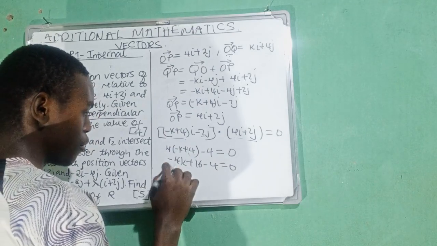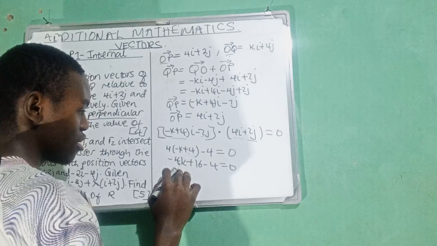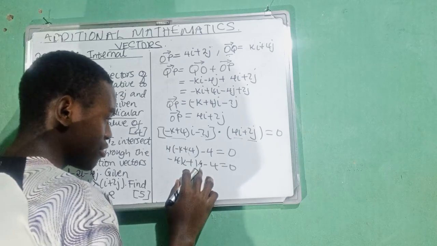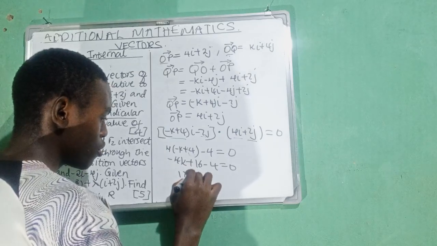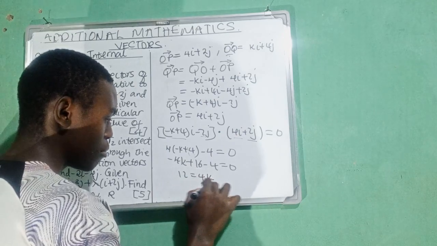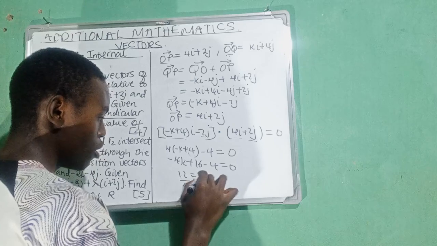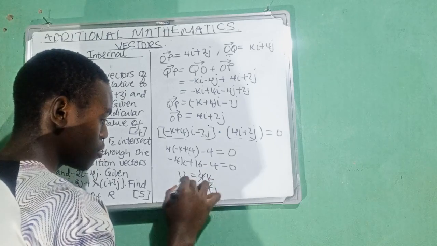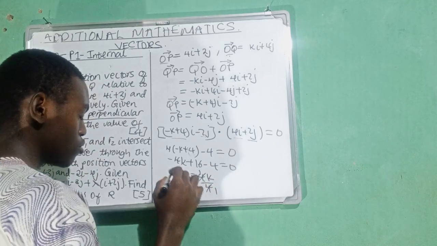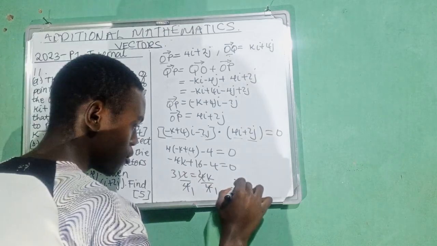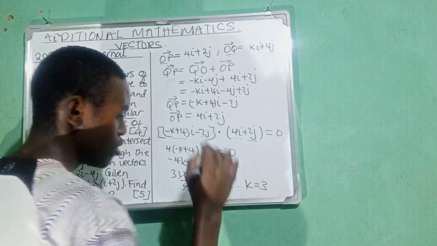At this point, we can take the 4k to the other side. 16 minus 4 is 12, equal to 4k. We divide by 4 on both sides, and 12 divided by 4 is 3. Therefore, k is equal to 3.